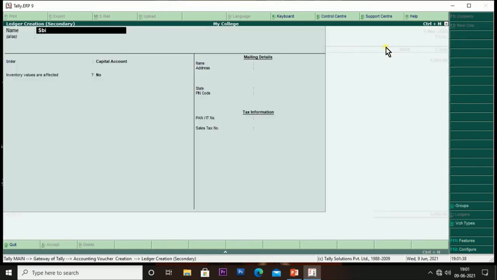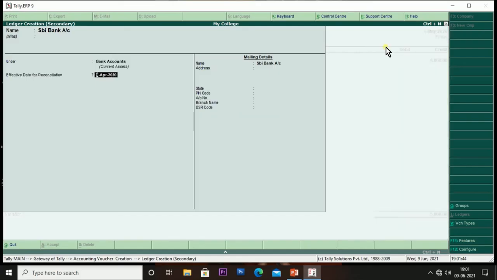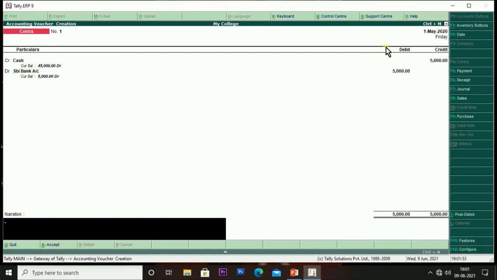Then create SBI bank account under bank account. Now SBI bank account debit, being cash deposited into bank.